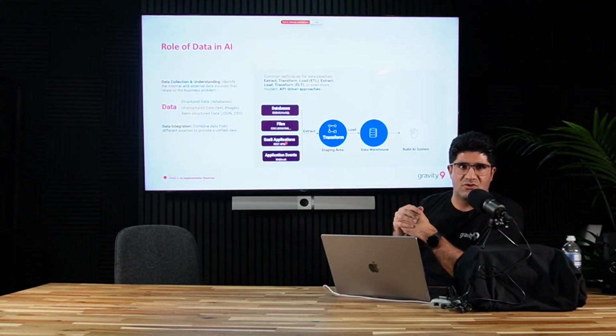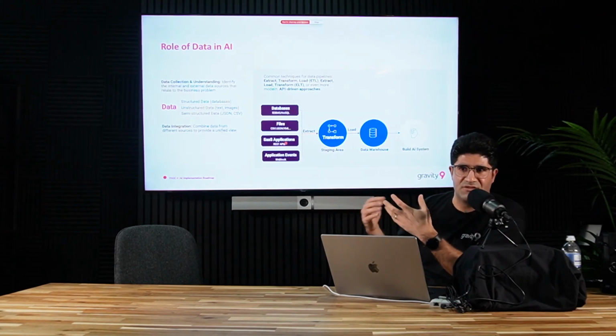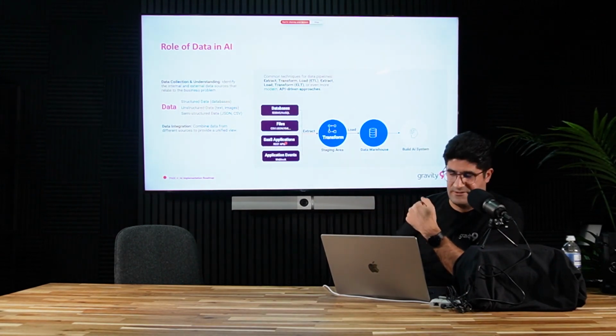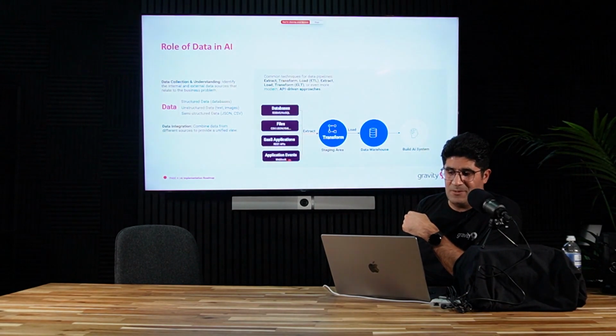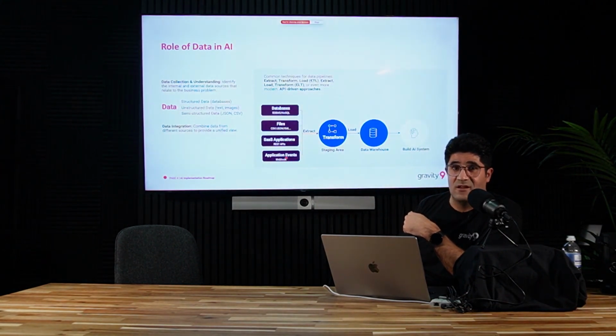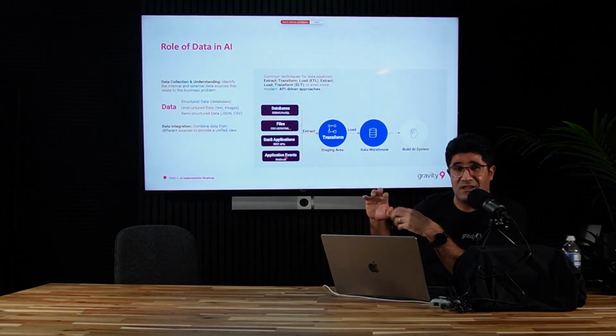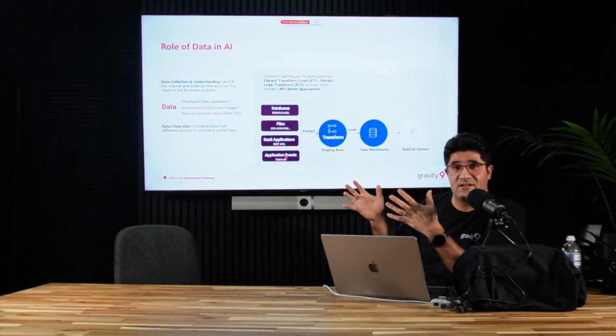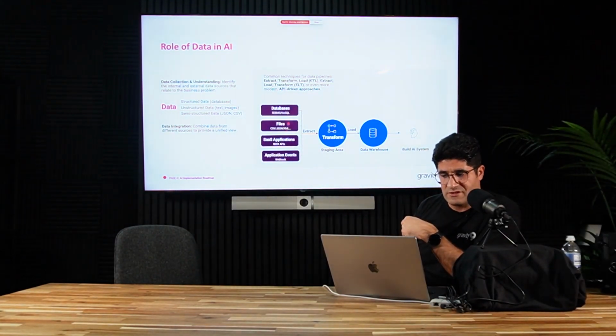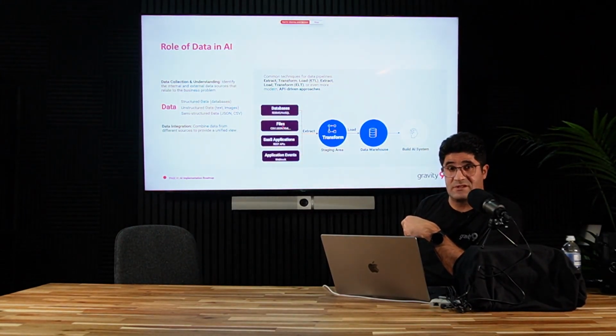So every day we try to, for example, allocate different tasks to our team members. Then we have application events. There is some sort of event that can happen inside a software. All of those are some sort of data sources.